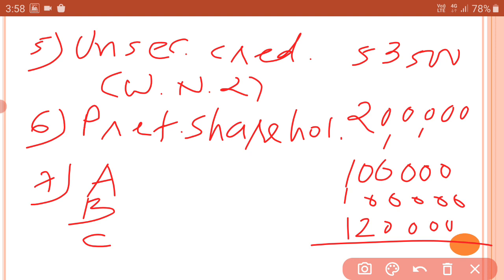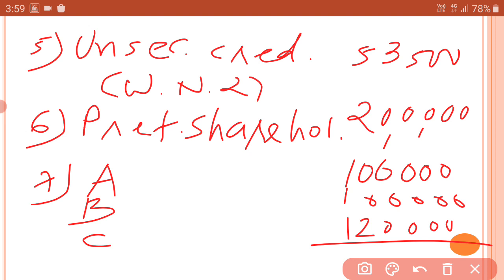So our receipt is 5,20,000: 5,10,000 plus calls in arrears on C shares, 5,20,000. Just check the figure in working note 4, 5,20,000. And then you take the total of these values, the total of working note 5.